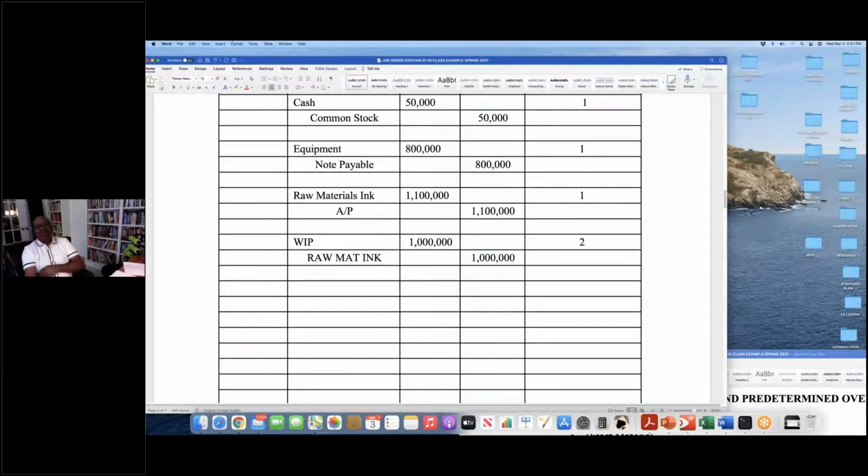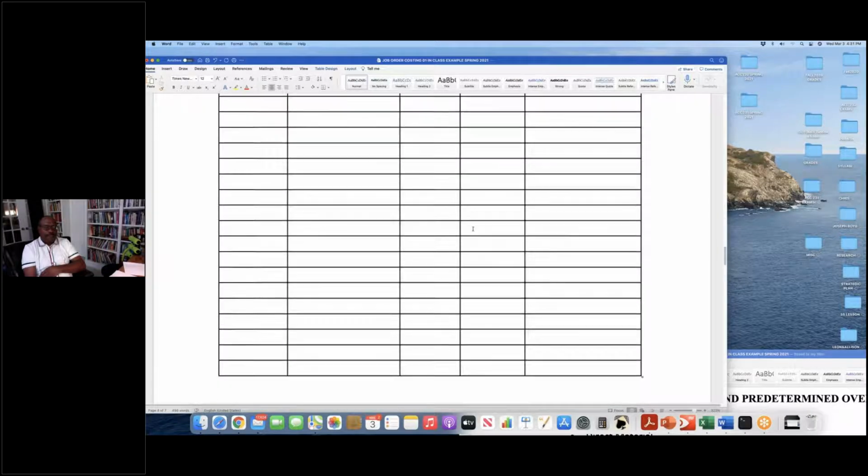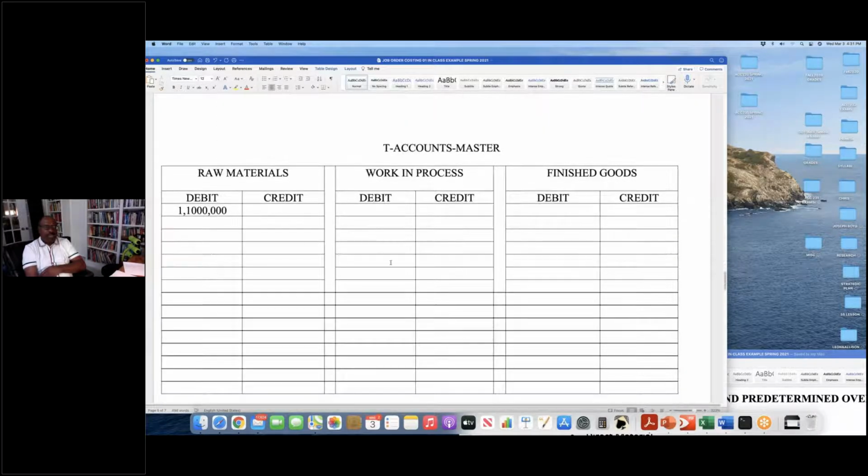You gotta multiply by 10. So now we're gonna go on and post this. So now we have a credit in raw materials for $1 million, and we have a debit to work in process for $1 million.